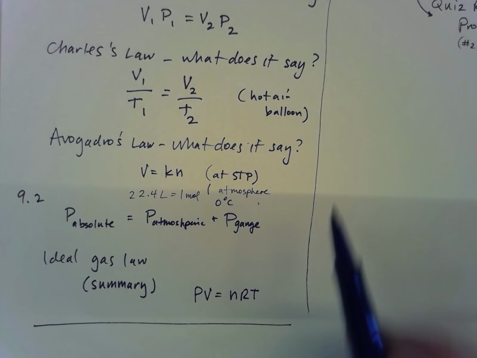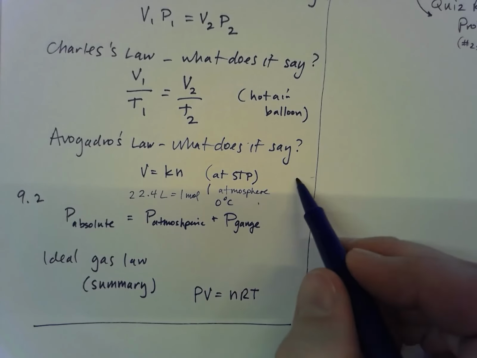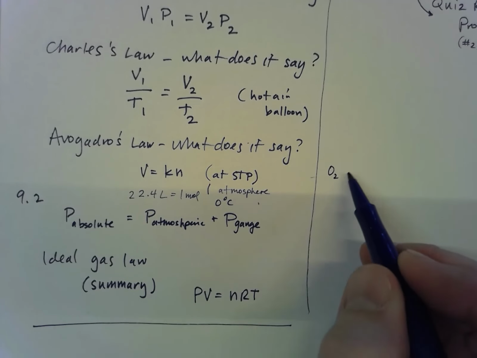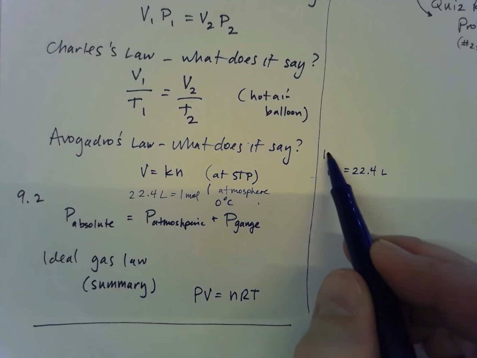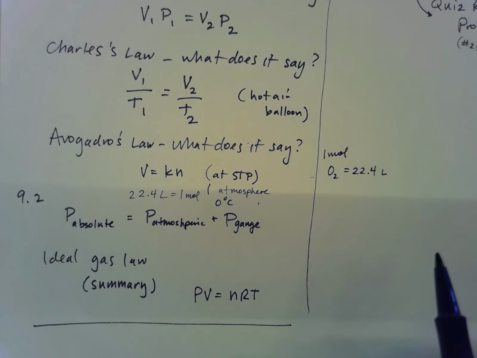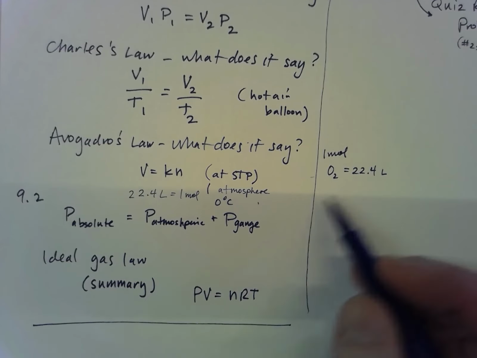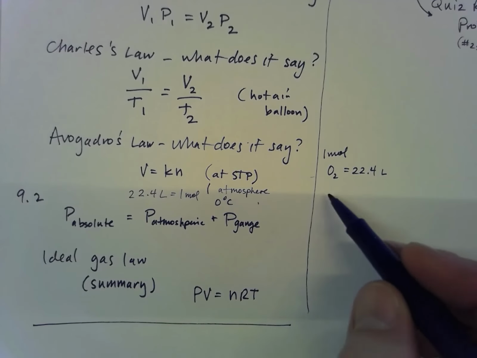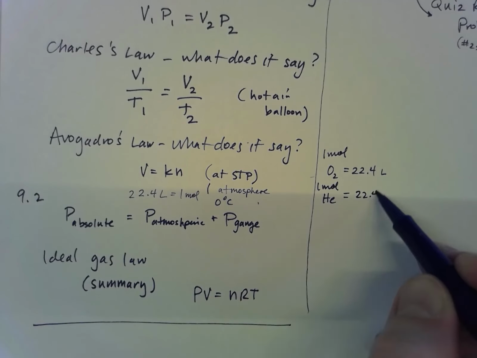Okay, and just to remind you here that something like O2 is going to equal 22.4 liters, so 1 mole of O2, as well as some monoatomic gas, so let's say just helium. 1 mole of helium also equals 22.4 liters.